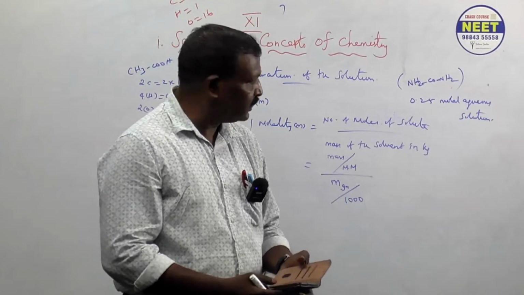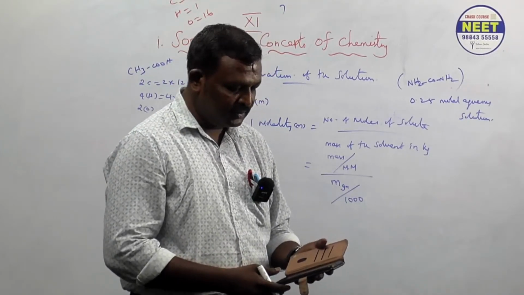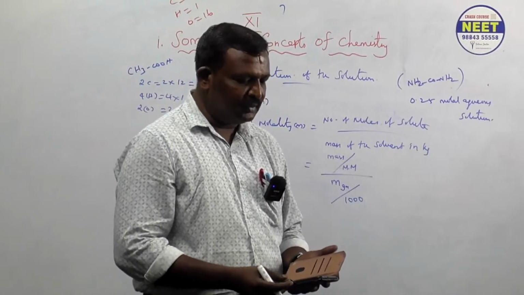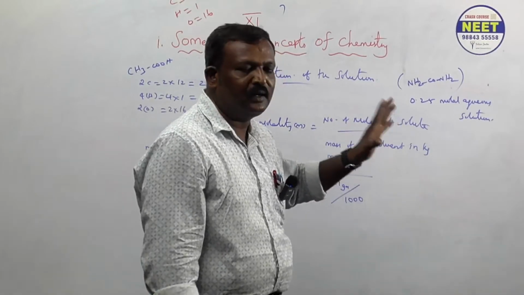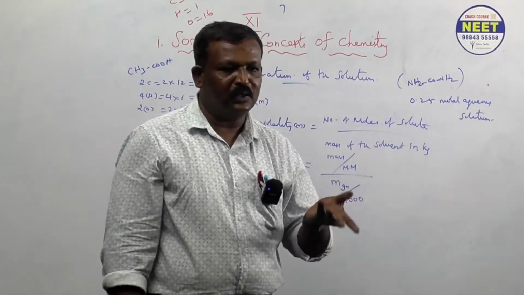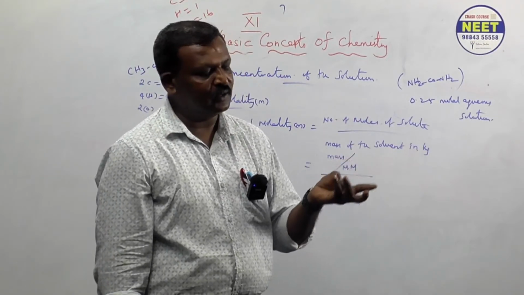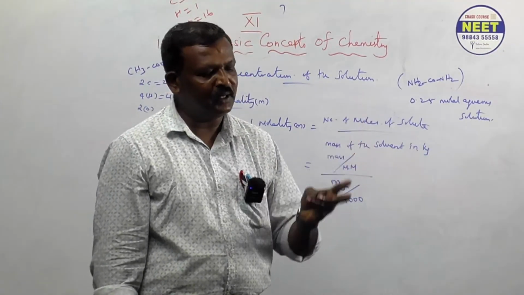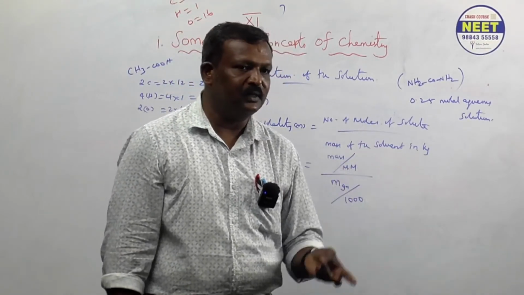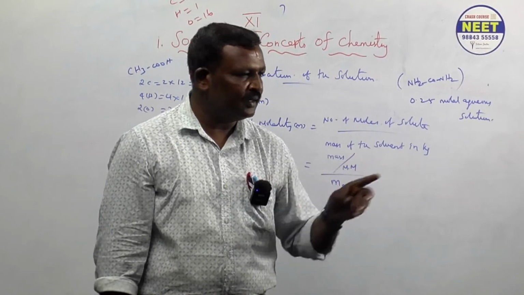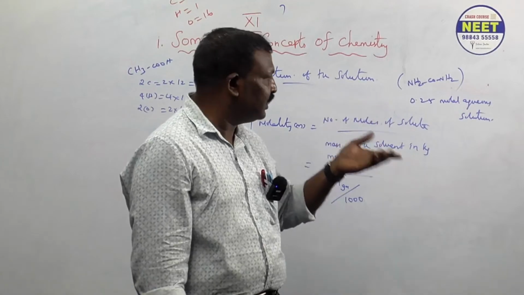These are the important things in this chapter, the first chapter. All are important. Empirical formula: you will get at least one or two questions. Limiting reagent is very, very important, and problems based on stoichiometric equations. These two are very, very important. Then mole concept: they'll ask one question.